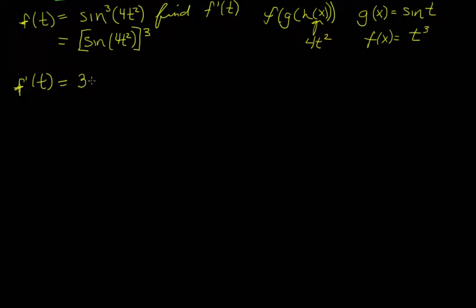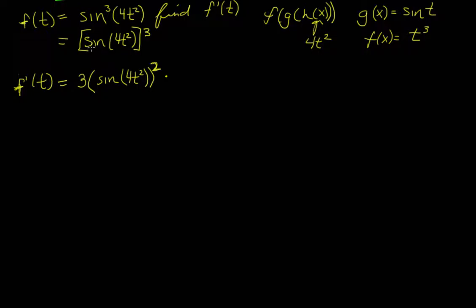We'll have 3, keep the inside the same, sine of 4t squared, and the exponent drops from 3 to 2, because we subtract 1 from the exponent. That's the first piece of our chain rule.